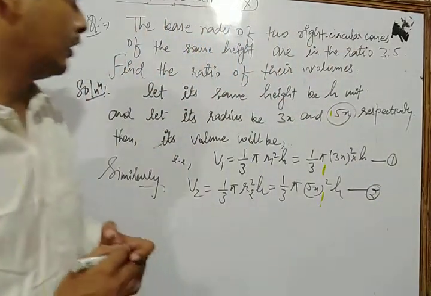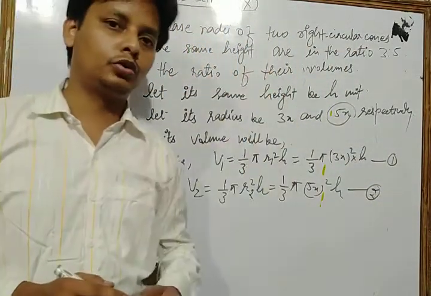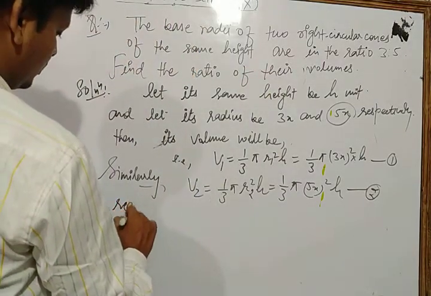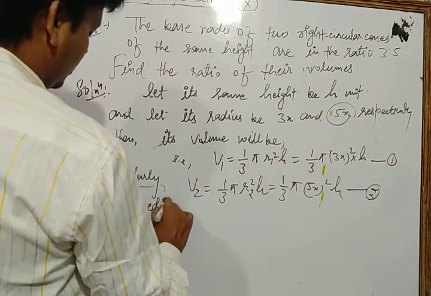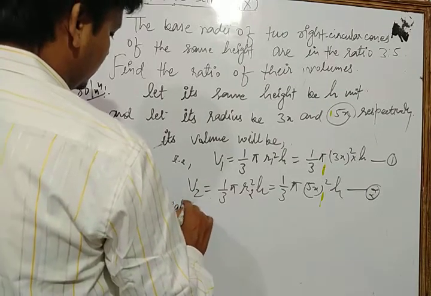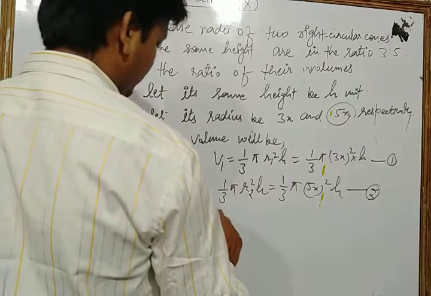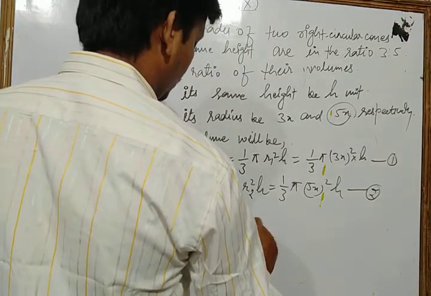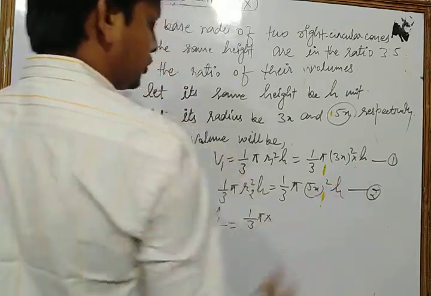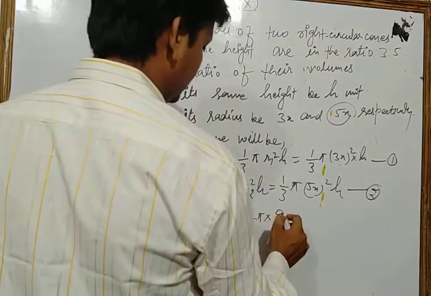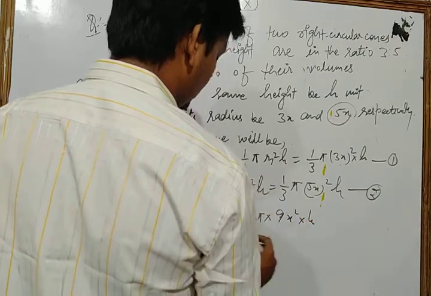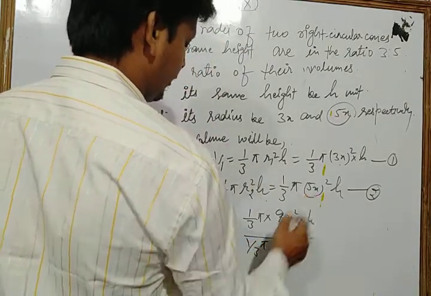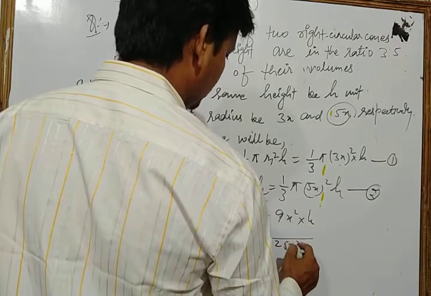What do we find? We find the ratio of their volumes. So the required ratio will be V1 upon V2 is equal to 1 by 3 pi, 3x square means 3 3 is 9x square into h, upon 1 by 3 pi, 5 5 is 25x square into h.